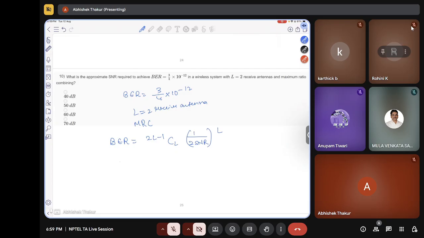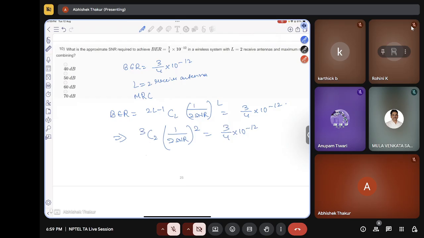When you substitute the values and put L equal to 2, we get (3 choose 2) times (1/(2 SNR)) to the power of 2, equal to 3/4 times 10 to the power of minus 12.